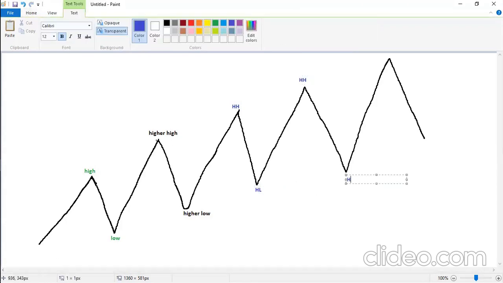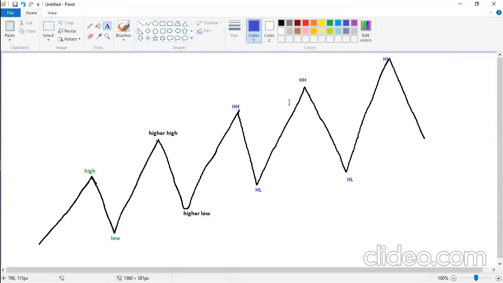So that's how I would mark it. You don't need to write the whole two words, just put HH. Much easier.